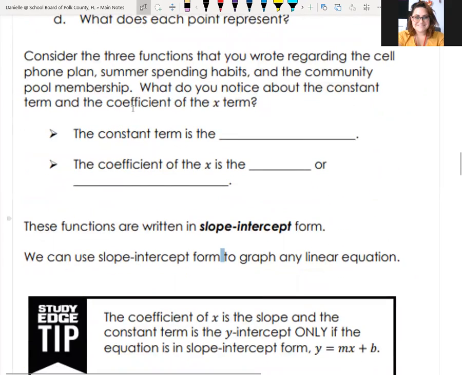So let's go ahead and scroll down here. Consider the 3 functions that you wrote regarding the self-em plan, summer habits, and community pool membership. What did you notice about the constant term and the coefficient of the x? The constant term was our y-intercept. The coefficient of x was the slope or rate of change.